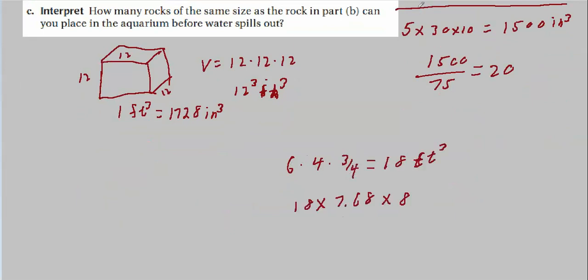Now, just for fun, you want to find out what your waterbed would weigh just from the water? 18 cubic feet of water. 7.48 gallons per cubic foot. 8 pounds per gallon. Well, we've got over 1,000 pounds. That's a pretty heavy bed.